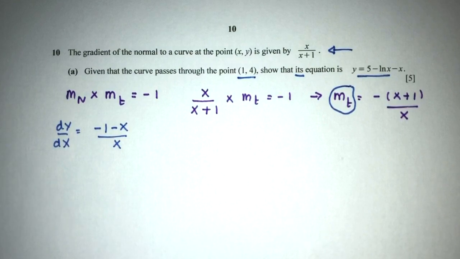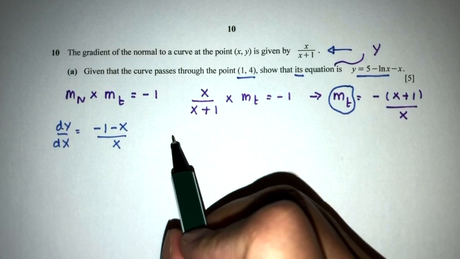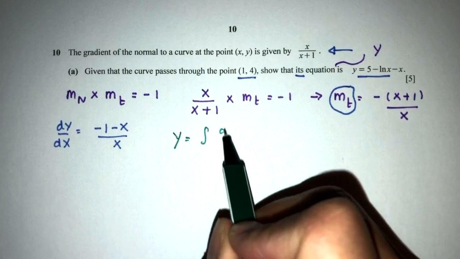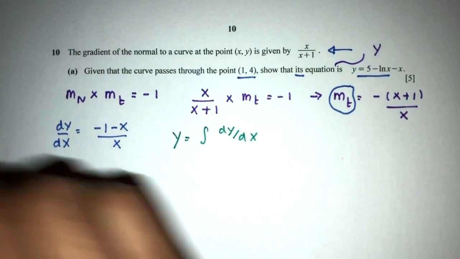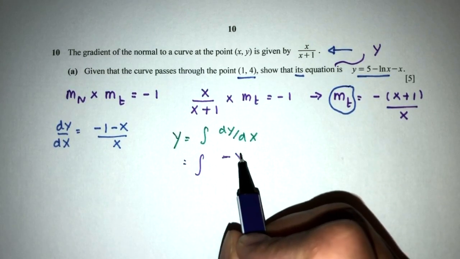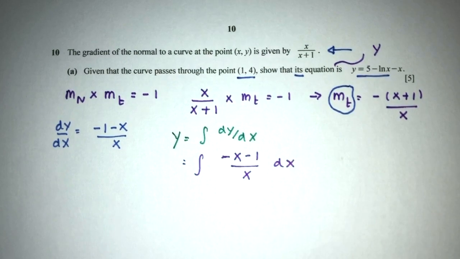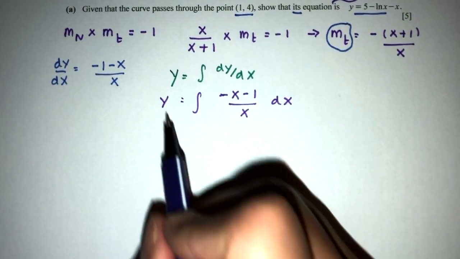Now to find the equation of the curve, we are trying to find the y value. As you must know, y is equal to the integration of dy by dx. So that will be the integral of minus x minus 1 over x dx, right? That is y. Now let's simplify.